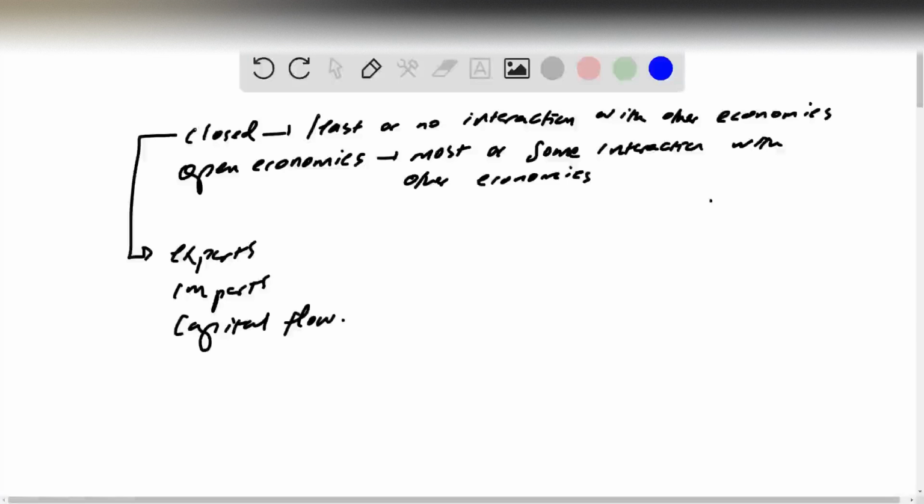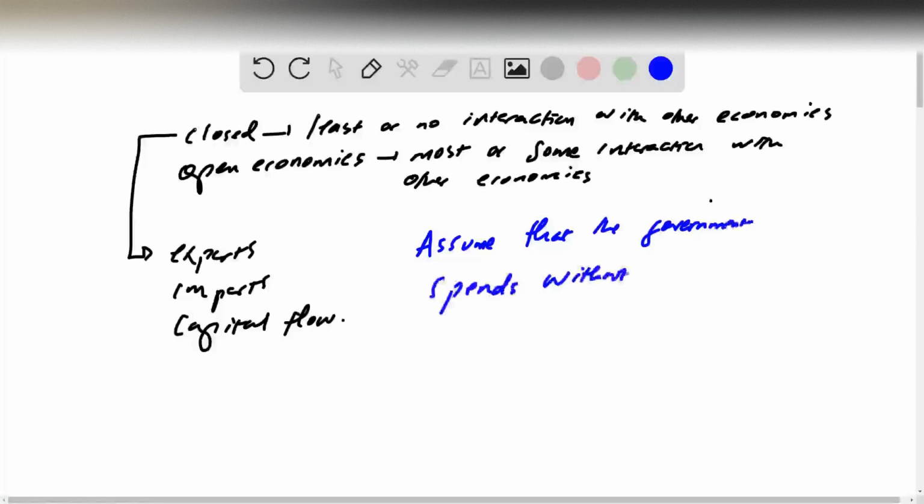Now, in this question, we're saying assume that the federal government spends without increasing taxes.